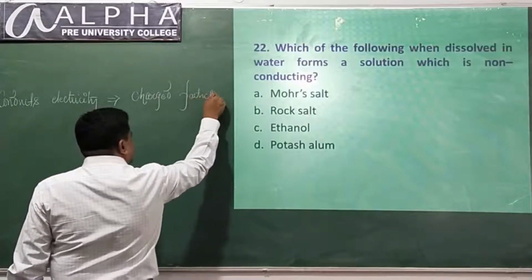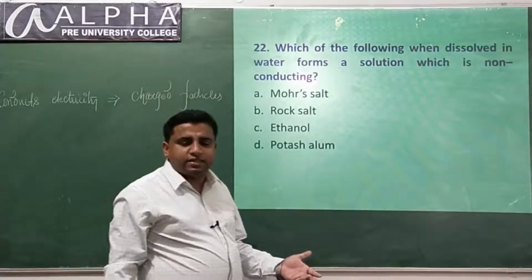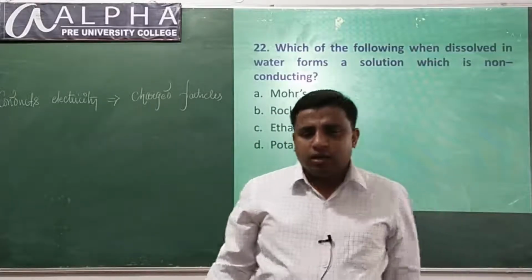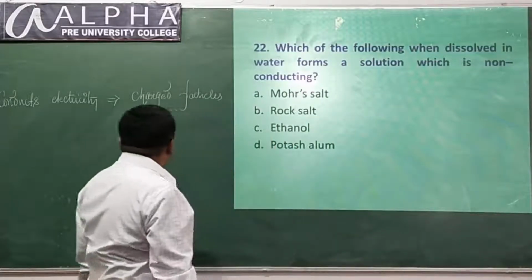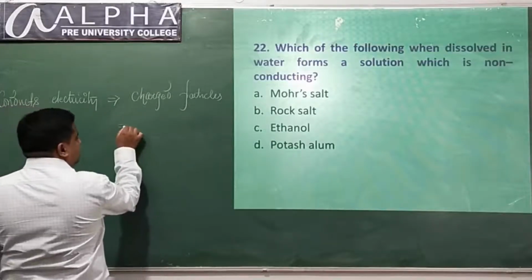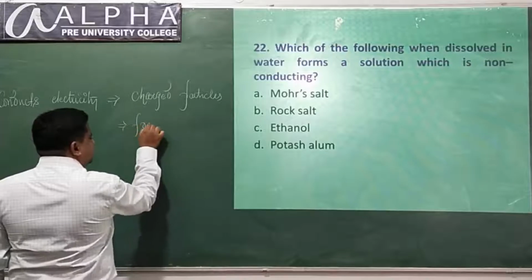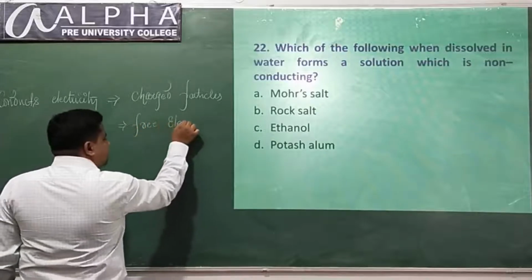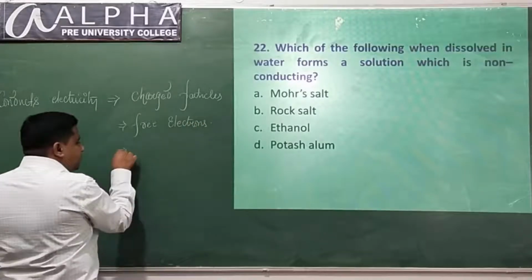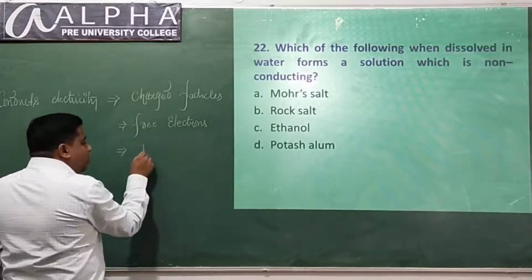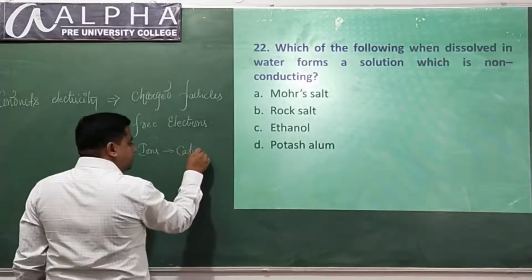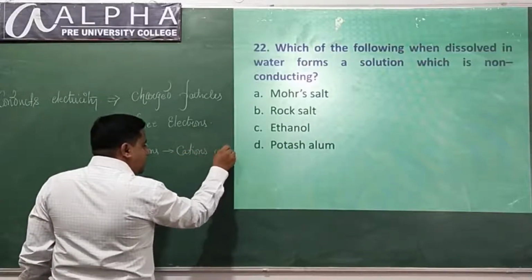If the charged particles flow, they conduct electricity, isn't it? Charged particles may be free electrons, or else the charged particles may be ions, isn't it? Ions in the sense cations and anions.